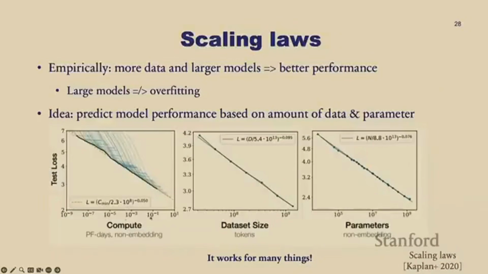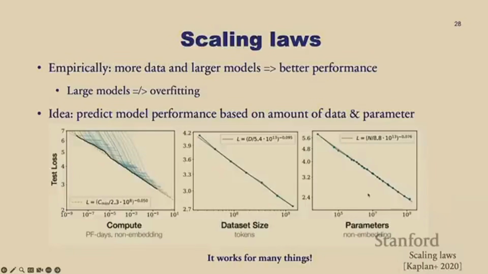And if you put these two on log scale, then you see that the scaling law is linear. That means that if you increase your compute by a certain amount, you can say by how much your test loss will decrease. Same thing with data, and same thing for parameters. If you increase the data set size, your loss will decrease by an amount that is somewhat predictable.